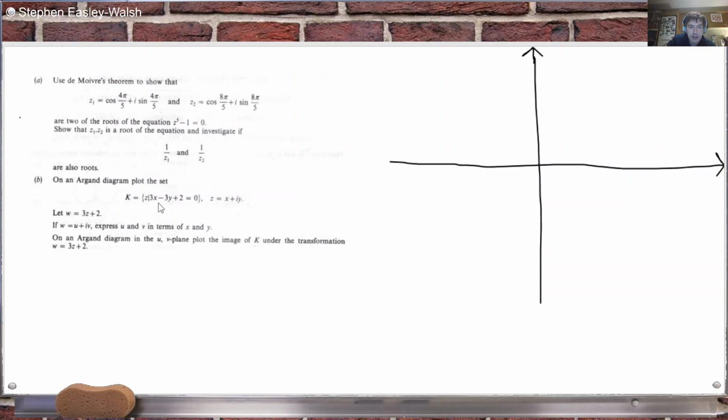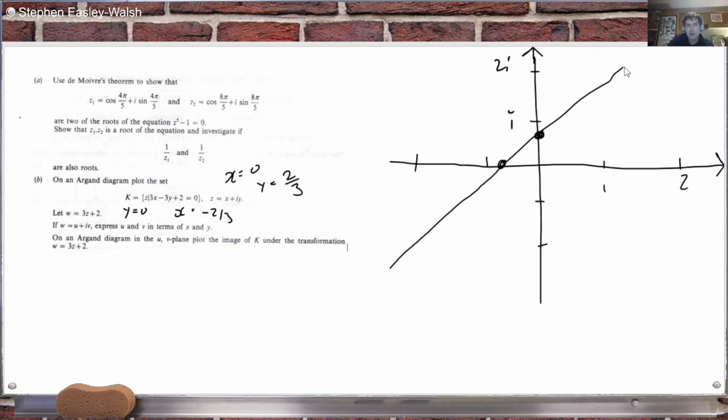Let's just make, for example, when x is 0, y will be equal to 2 over 3. And then likewise, when y is 0, x will equal minus 2 over 3. So just very roughly here and here. So there you go. That's K.